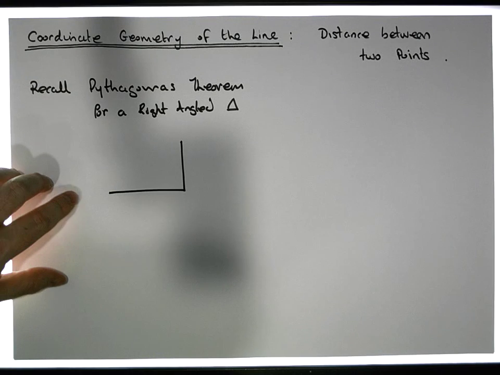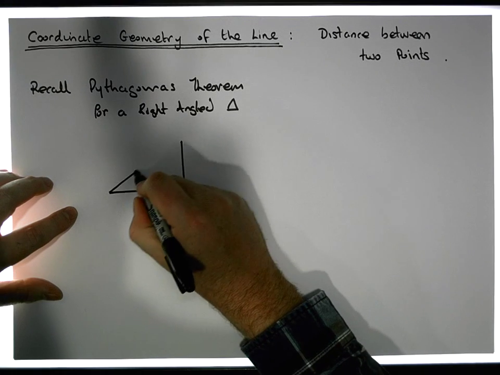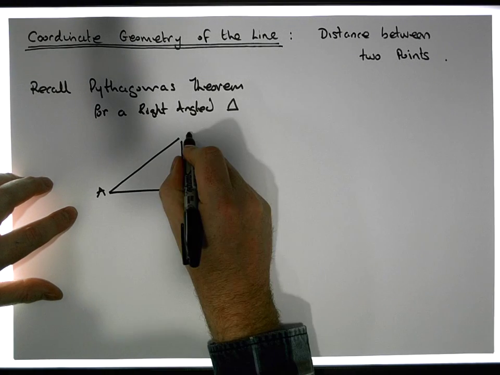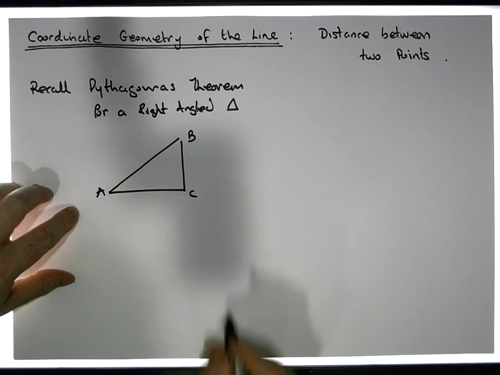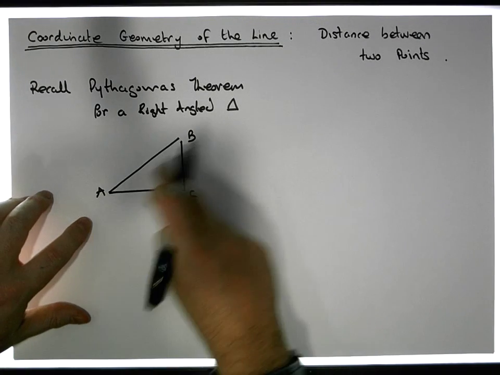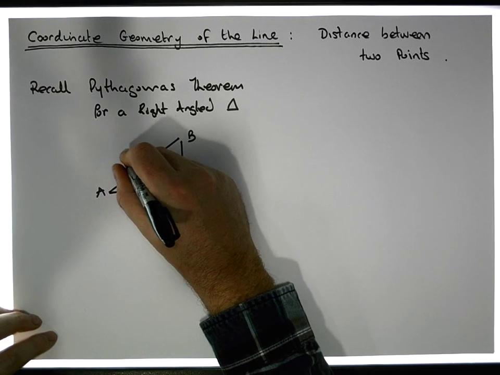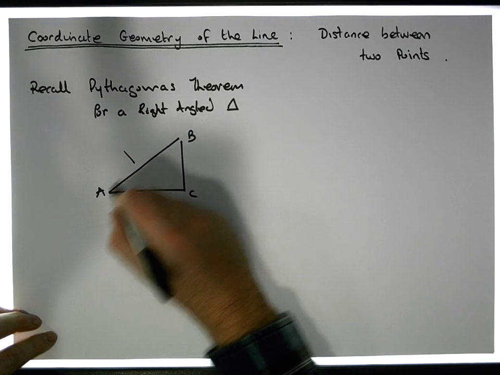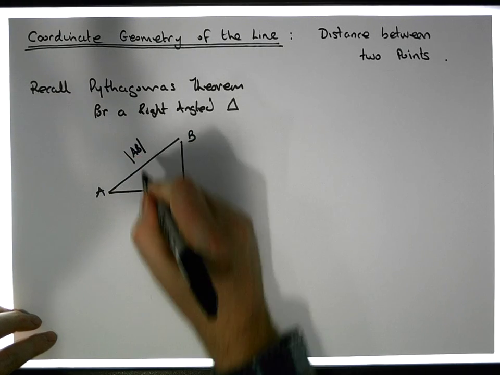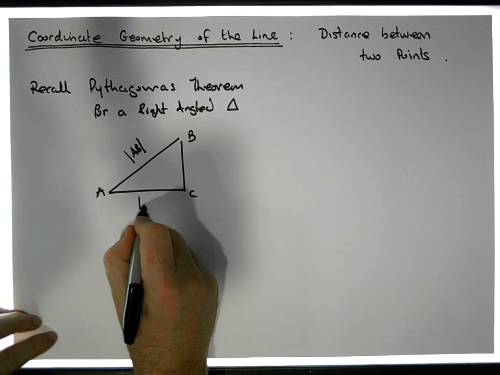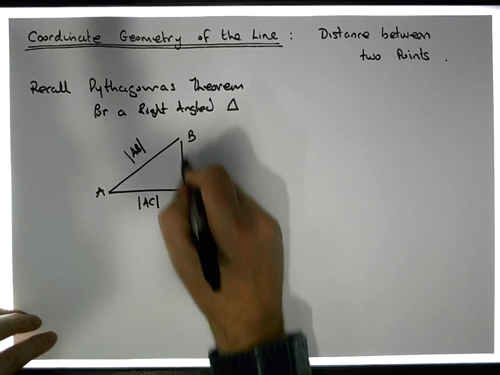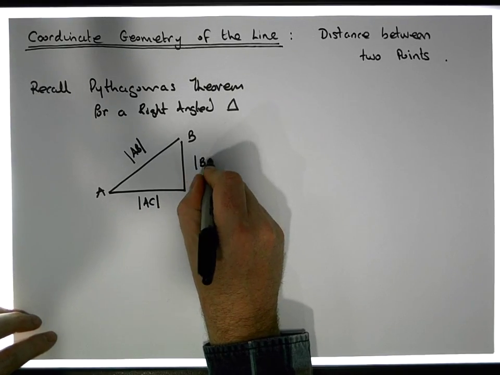Let's say that the vertices of this triangle are A, B, and C. This length here is the length of the line segment AB, this length here is the length of the line segment AC, and this length here is the length of the line segment BC.